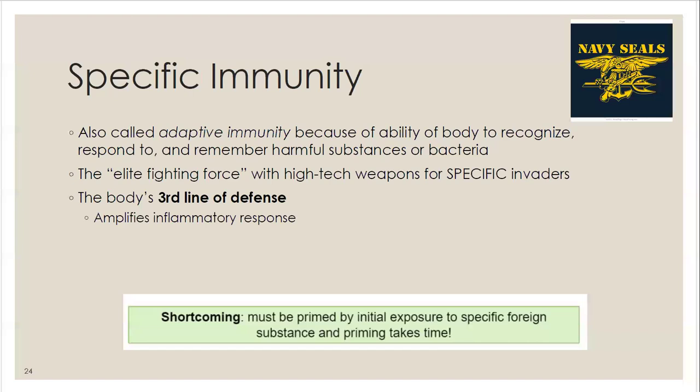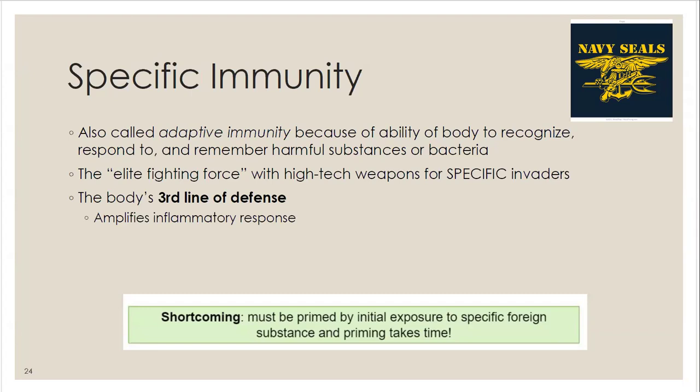And so some of the characteristics: it has recognition and response. Adaptive immunity can recognize specific antigens on harmful substances or pathogens. It triggers an organized and powerful response tailored to eliminate those antigens. It does have a memory function, so the system has the ability to remember previous invaders.